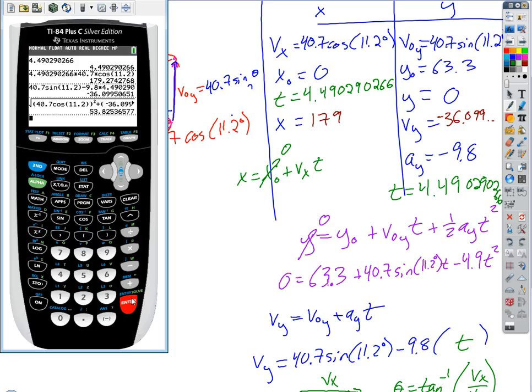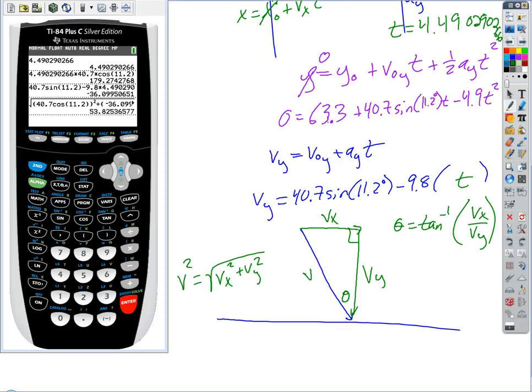And so that's it. Wait, but then you have to take the square root of this. I did square root it, right? So v equals 53.8. So that's how fast the rock is hitting the ground, at a speed of 53.8 meters per second. Because what we did is we just calculated this. I just plugged the numbers in for that.